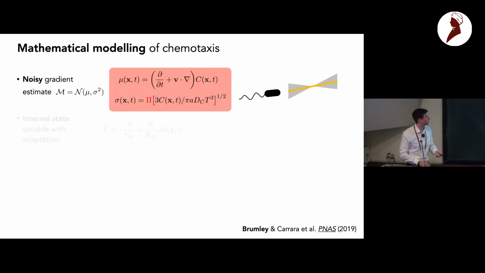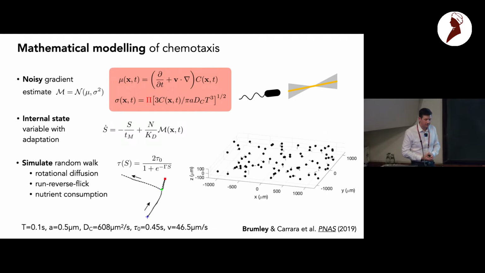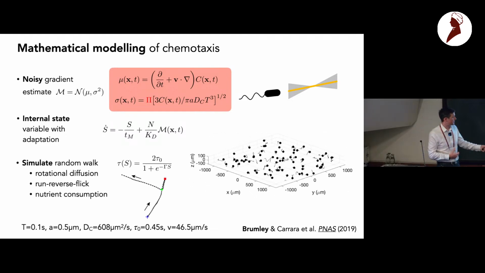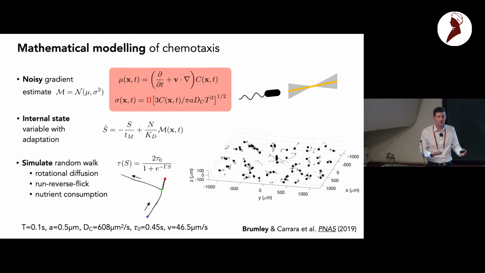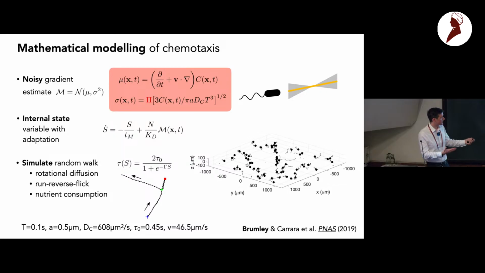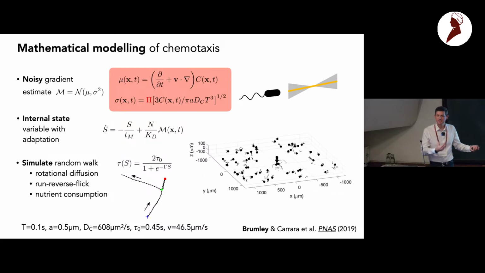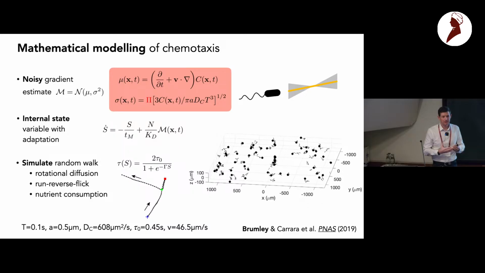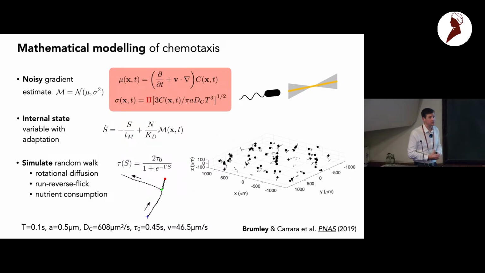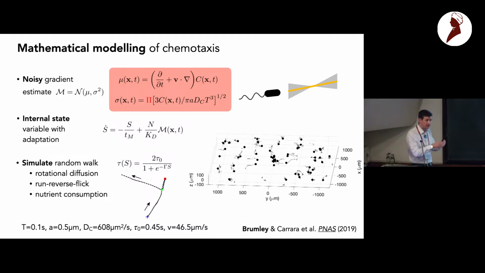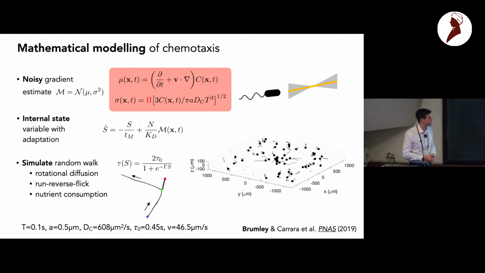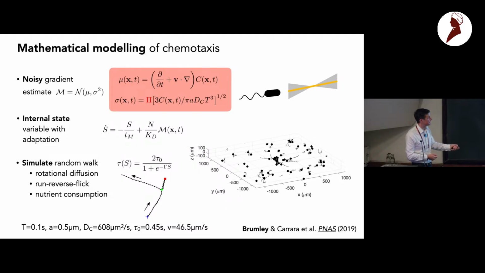We've incorporated that fundamental limit to gradient sensing into a mathematical model. I won't go through all the details, but it's in the paper down the bottom here, and I'm happy to chat later. But the long story short is that this model can recreate the observations from our microfluidic device to less than 1% fitting error. So we have a really good understanding of how these active particles can respond to a diffusing chemical hotspot, as shown in this video here.